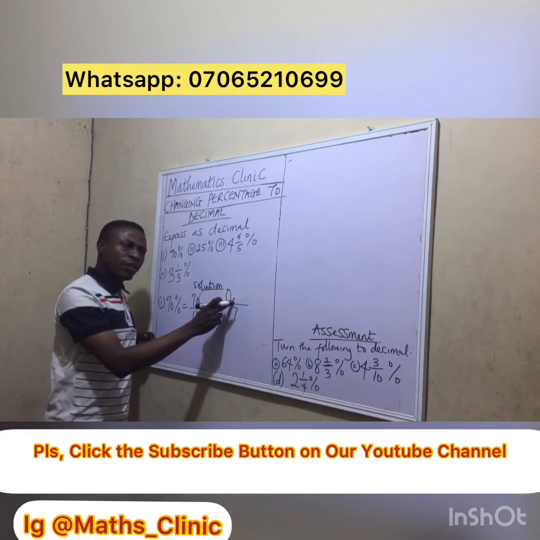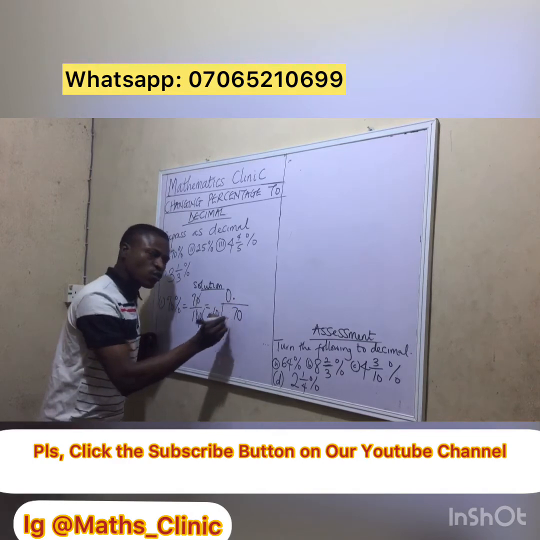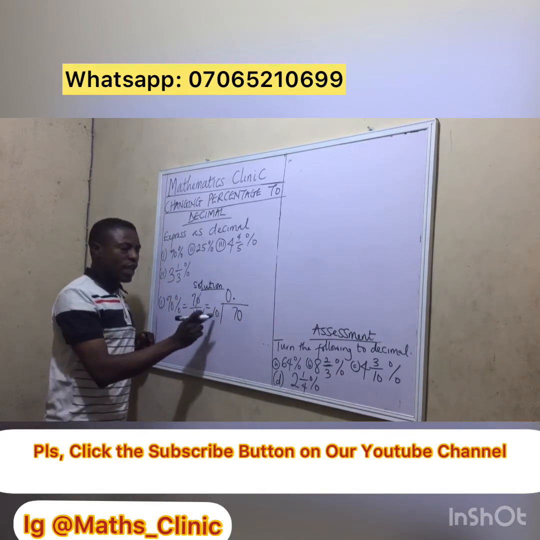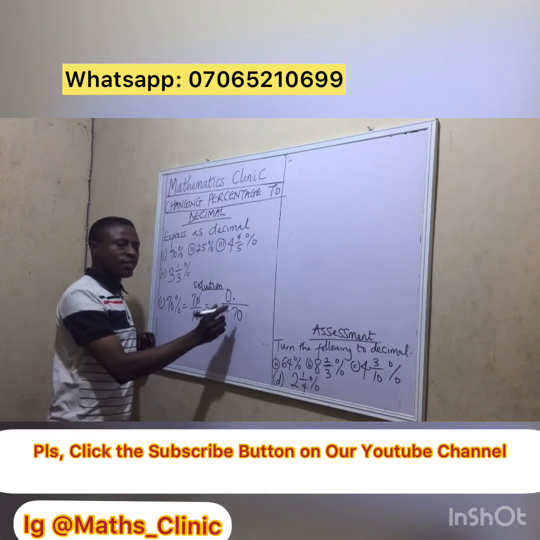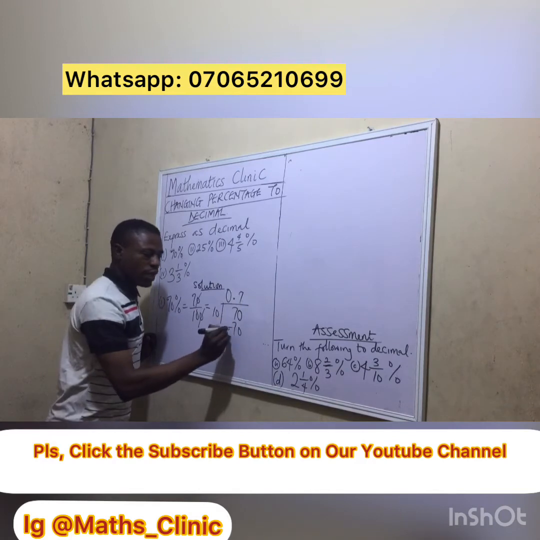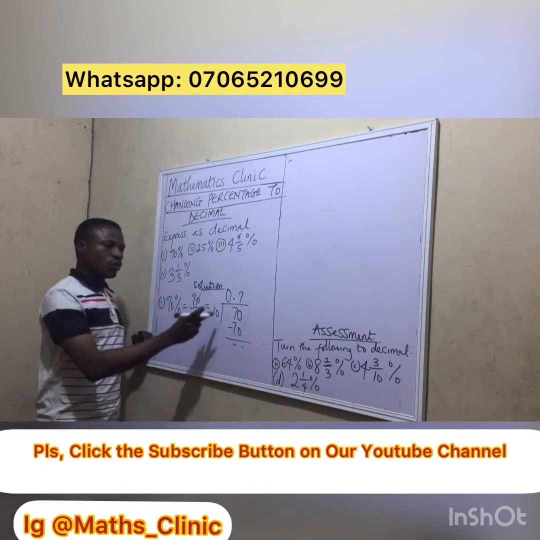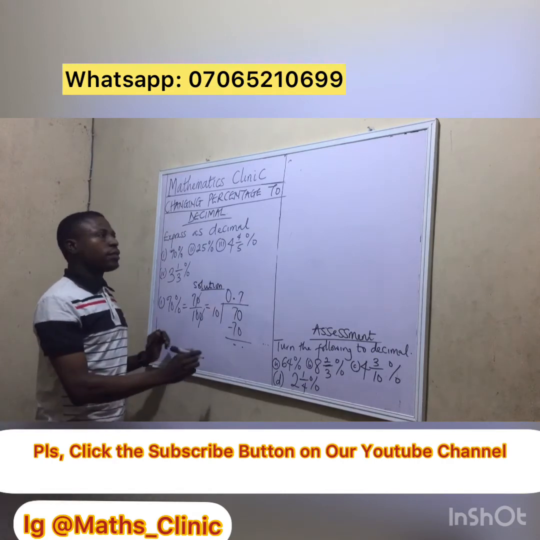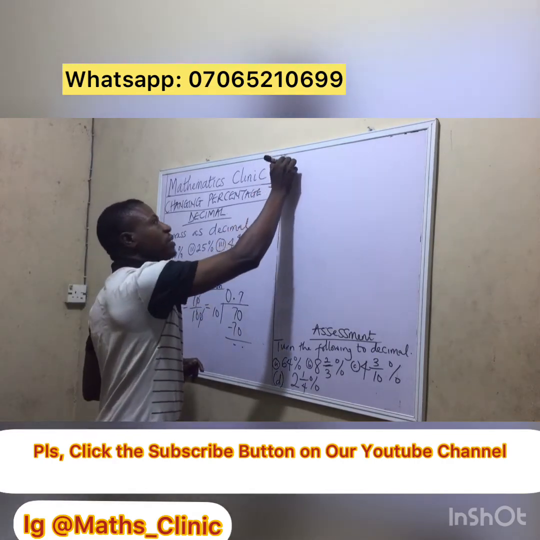And what does the decimal point indicate? That you should add 0 to this one. So when you add 0, it will give you 70. How many 10 can you see in 70? 7. 10 times 7, 70, minus it. That will give you 0. So our answer is what? 0.7.